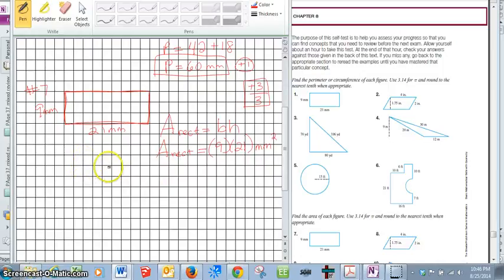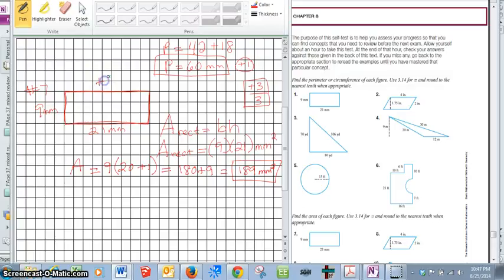I can do 9 times 20 in my head, and 9 times 1. So area equals 9 times the quantity 20 plus 1, which equals 180 plus 9, which equals 189 millimeters squared.